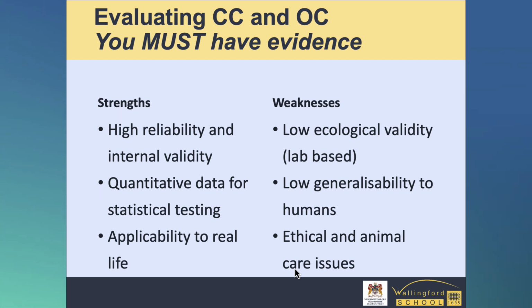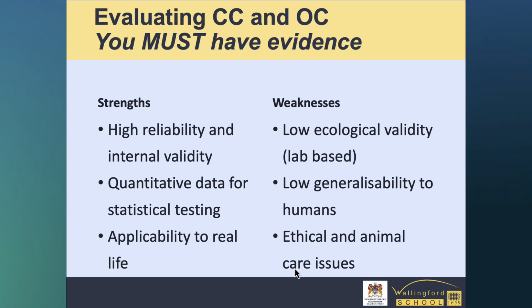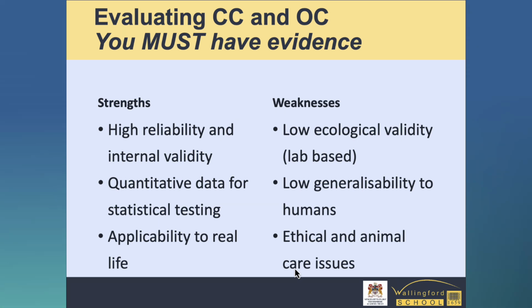A lot of these experiments and both theories are based on a lot of animal evidence, so perhaps they're not as generalizable to human beings, who are perhaps more sophisticated cognitively, emotionally. We have a different genome to rats and pigeons and dogs, so perhaps the generalizability isn't as good either. And there are also issues within the ethical and animal care arena that we need to think about as well.